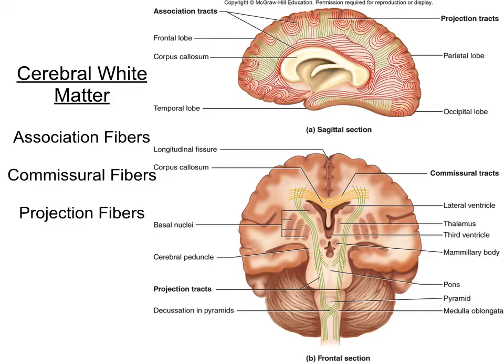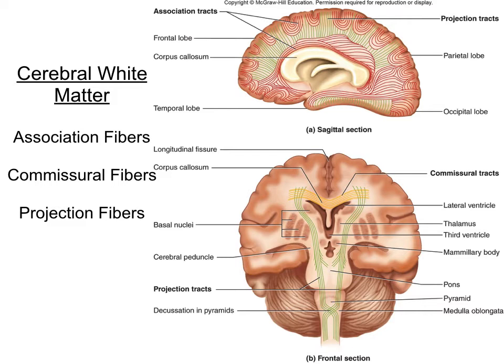So if you're going to be talking within one single hemisphere, you're going to network through what are called association fibers. Association fibers connect different regions within the same cerebral hemisphere. So we need to network each hemisphere so it can talk to itself.